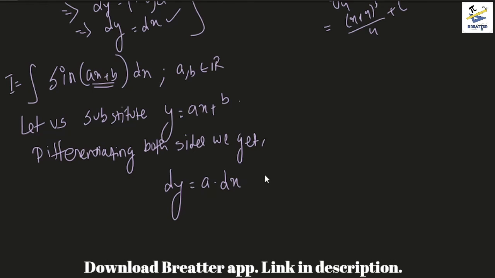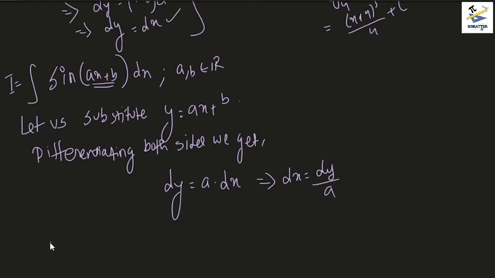So dy would be a dx, or in other words dx should be equal to dy by a. Now this would turn our integration into sine of y, because ax plus b is y, and dx would be dy by a, and this gives you 1 by a times sine y dy.